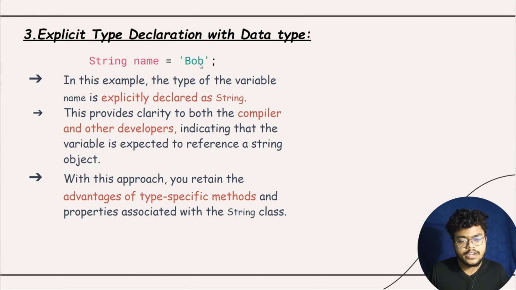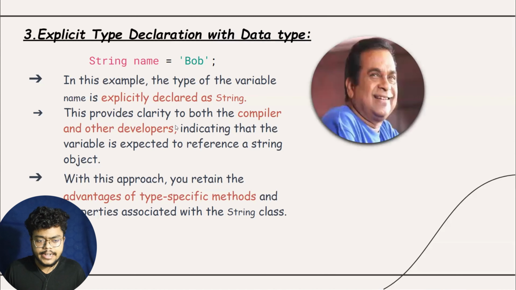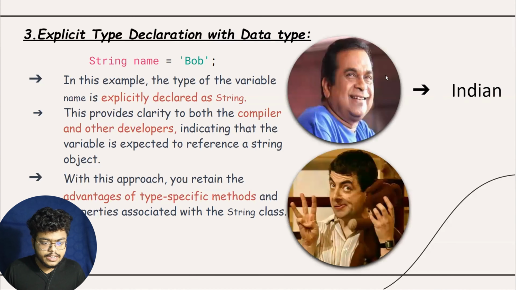Not only string, we can make it int if it is an int value. We can make it a double if it is a double value, and many more. This provides clarity to both the compiler and other developers, indicating that the variable is expected to reference a string object.